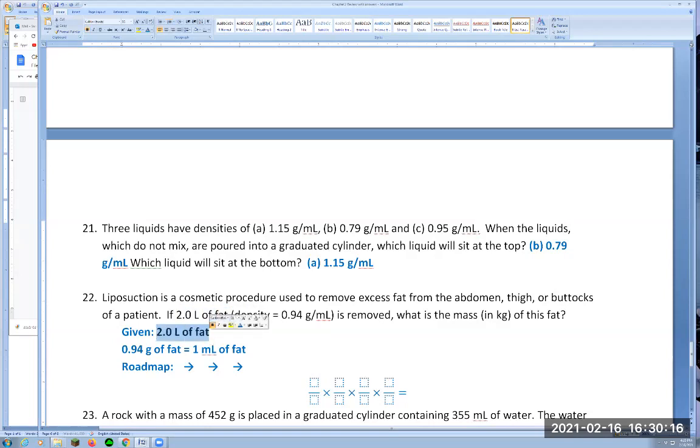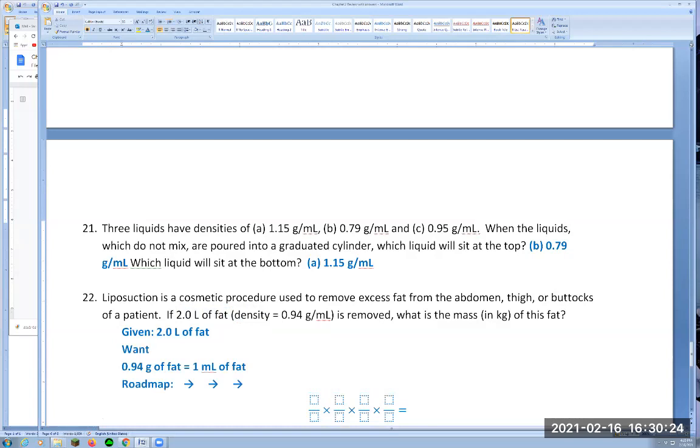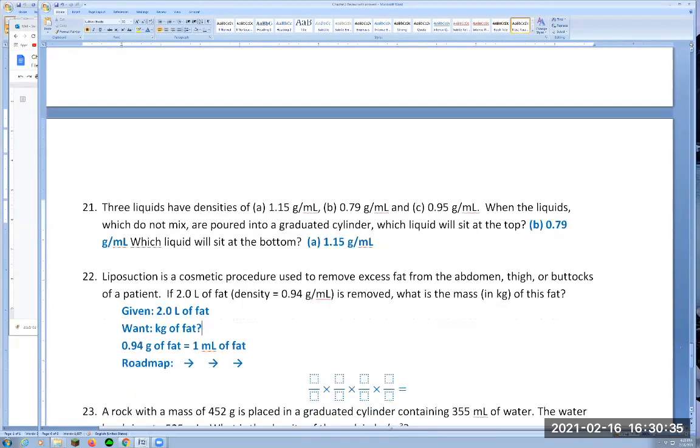Because that's a simple unit, a simple measurement. And you want to convert that to kilograms of fat. The density is what allows you to change the mass into the volume, right?